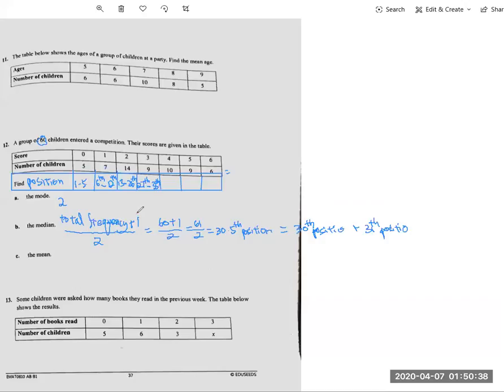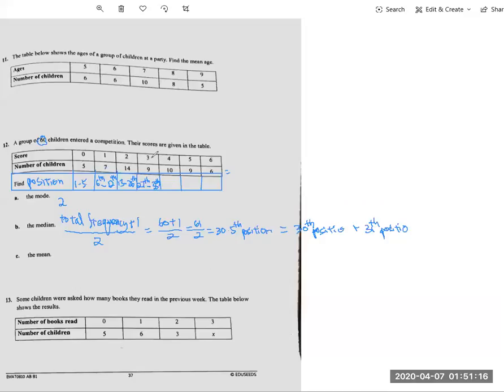Now, do I still have to work on? Now, what we want is the 30th and 31st. Where is the 30th and 31st? You see, from here is 27 until 35. So the 30th and the 31st position is here. That means the 27 position, the value is 3, 28 is 3, 29 is 3, 30 is 3, 31 is 3.